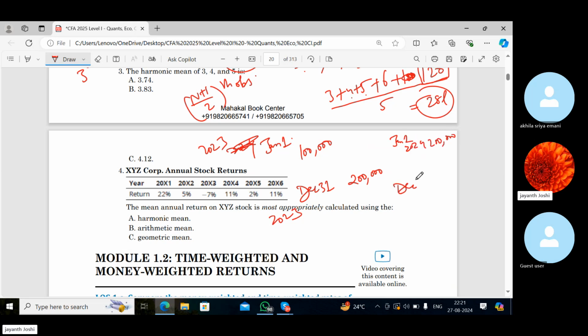On December 31st, 2024, you have 1 lakh. So what I mean here is, you started your investment with 1 lakh. At the end of the year, you have 2 lakhs. Then you have 2 lakhs at the beginning of this year, and then you have 1 lakh. So can you tell me what is the average return, please?